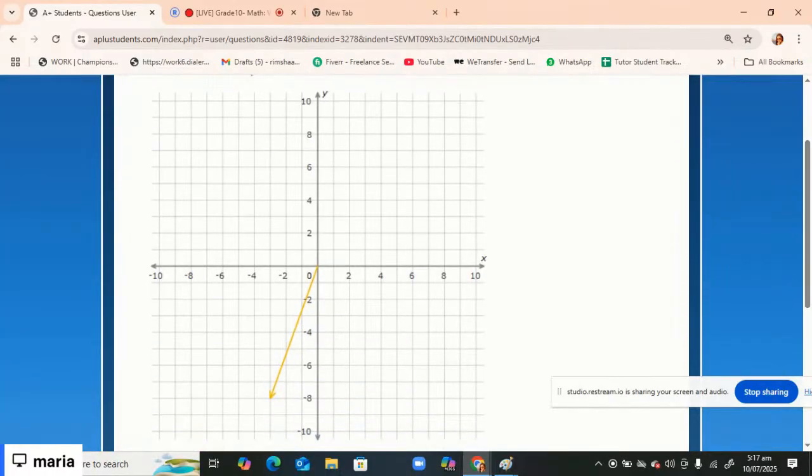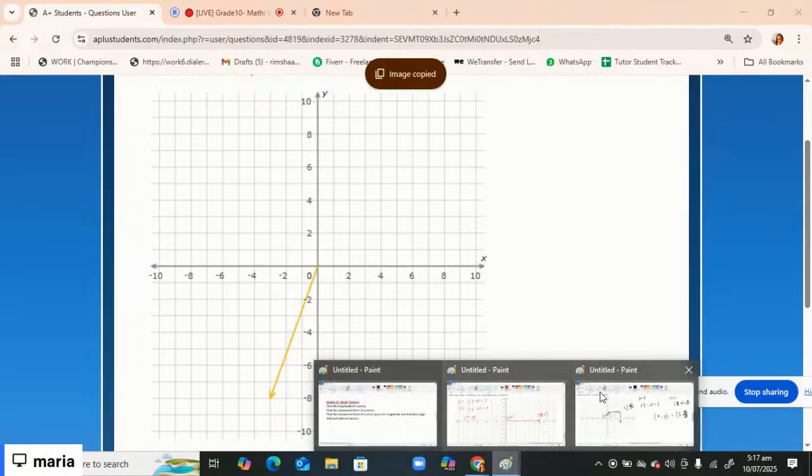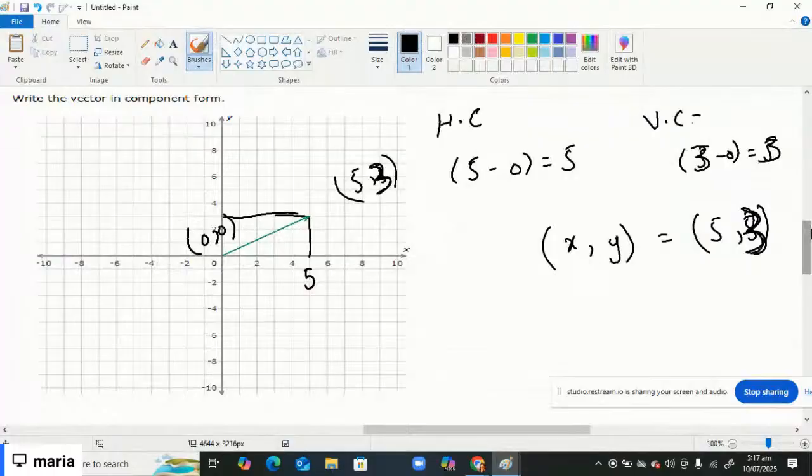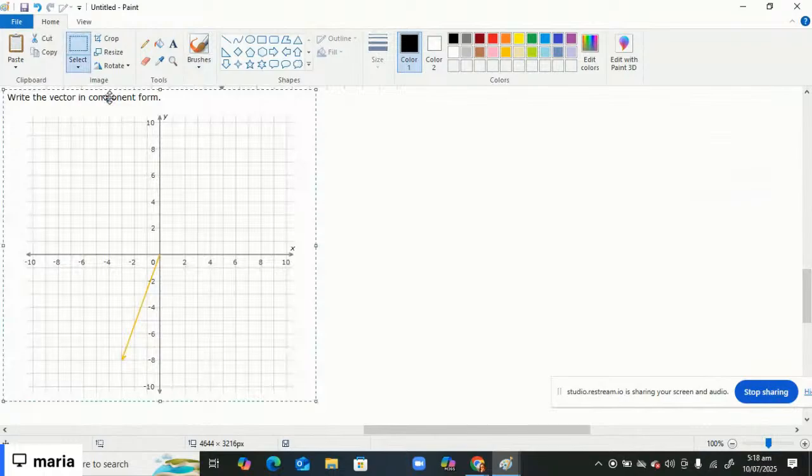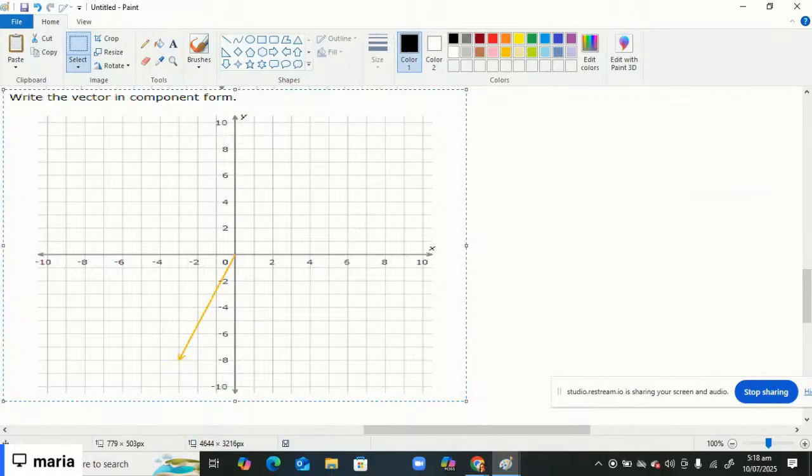Now let's see this one. This is in the minus form. So we are going to solve it out. The same method we are using. So look here.